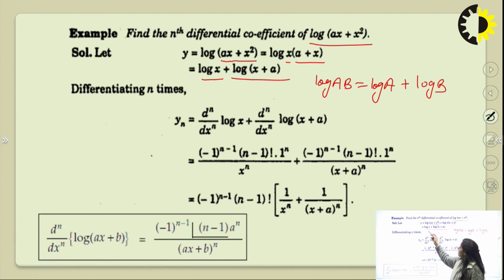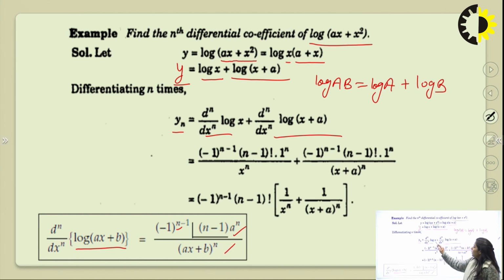Now differentiating this term n times, here y is equal to this. So the nth derivative of y is yn, and now we will find these nth derivatives. We already know that the nth derivative of log (ax plus b) is equal to (minus 1) power n minus 1, factorial n minus 1, a power n upon (ax plus b) power n.